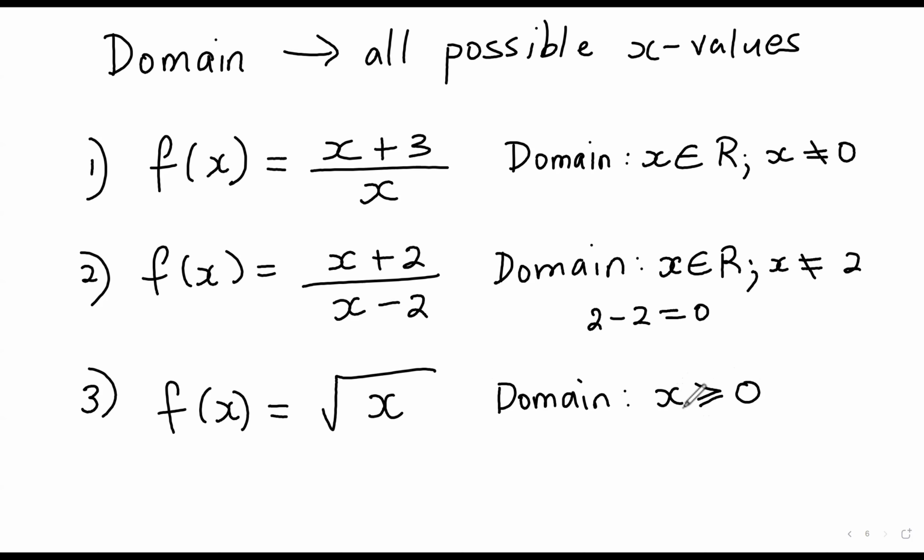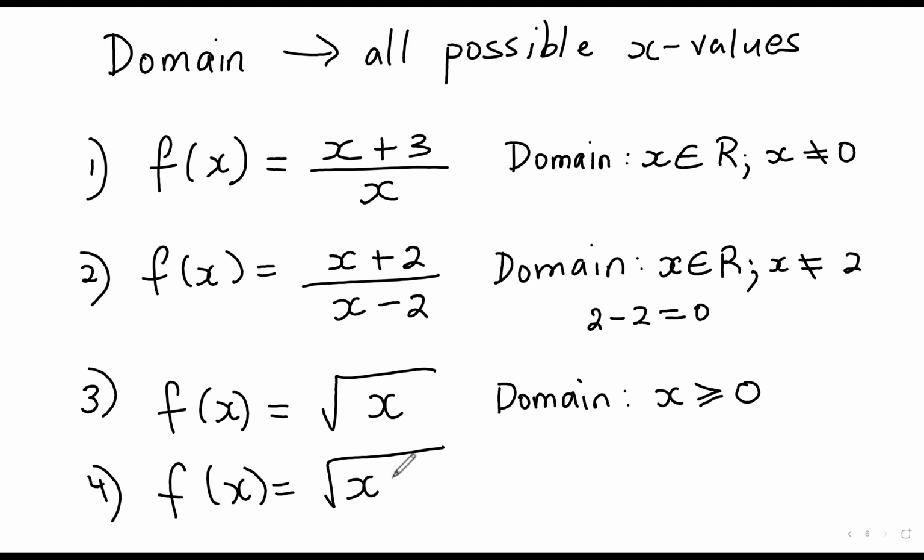No, you cannot take the square root of a negative number. So that's why when your function is the square root of x, then the values of x have to be positive, right?